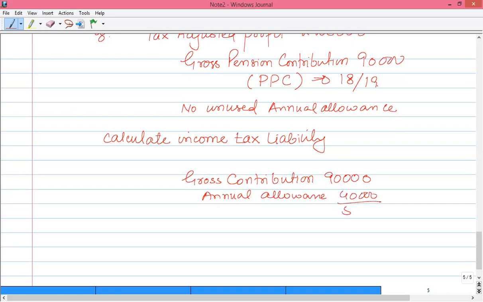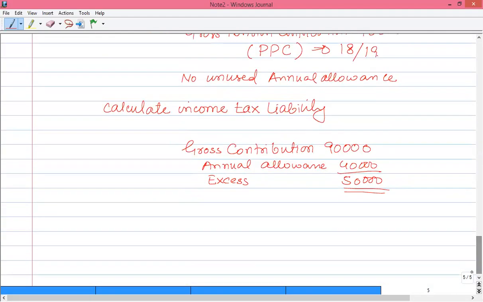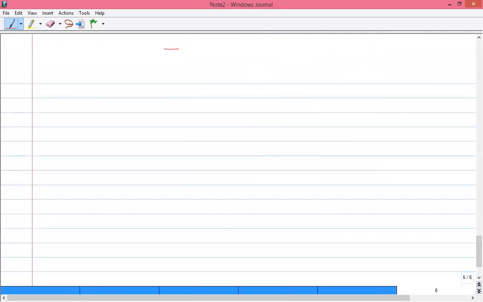So the charge would be applicable on 50,000. This is the excess. Now we know that we have to apply tax on this charge. Now let's find out the taxable income first. We have tax adjusted trading profit of 105,000. So let's work it out.